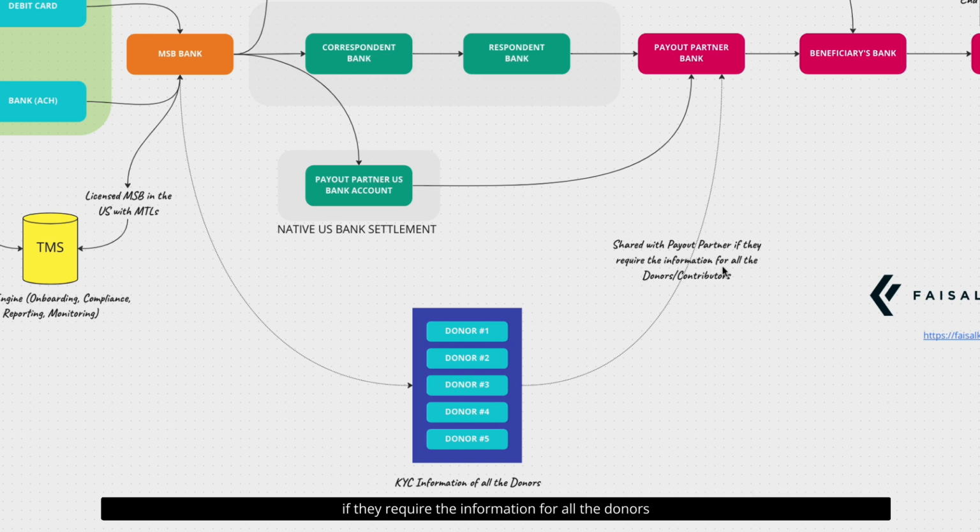Let's say each donor sent $100. Now you're receiving $500, but you don't know who the sender was. They say, if there were 5 senders, can you give us the names? I understand you're going to give us one lump sum amount to transfer, but can you give us the names of the senders and donors? And they will give that information and share it for purposes of compliance.